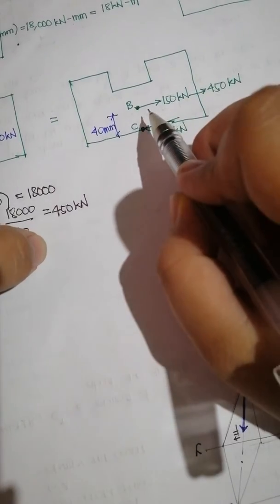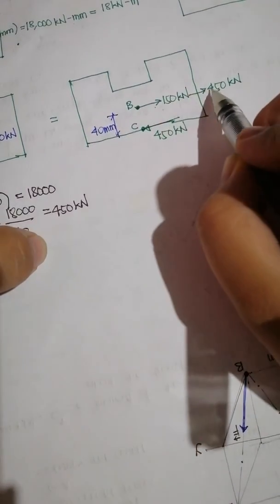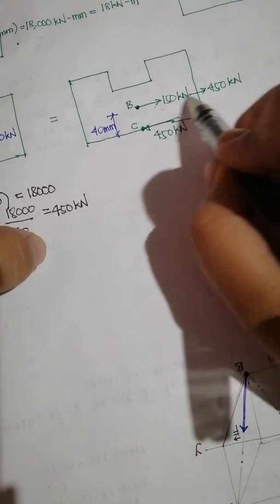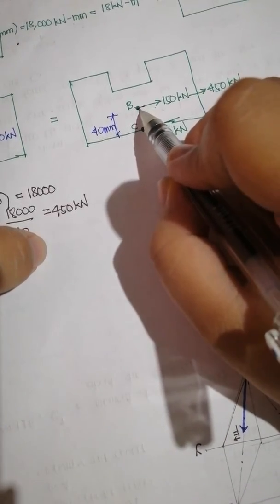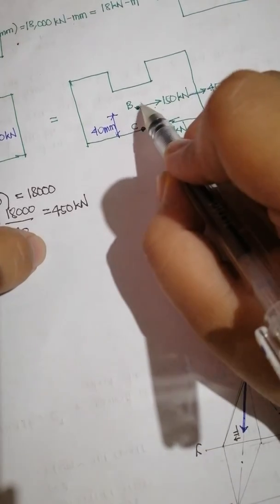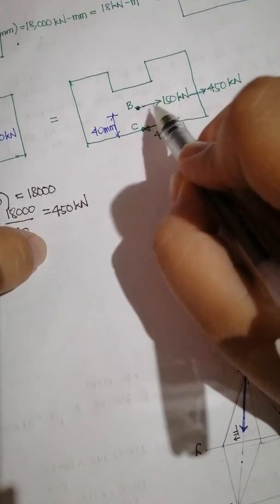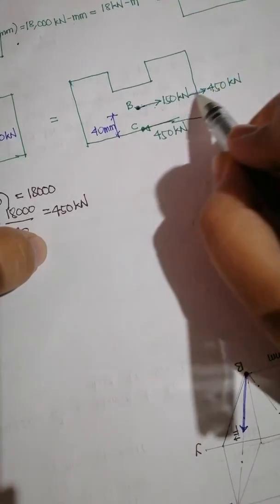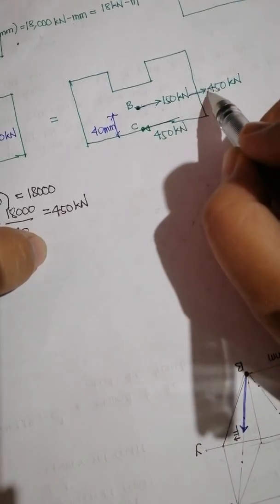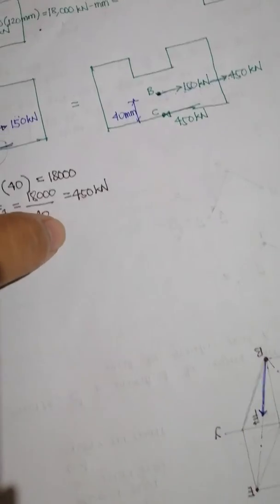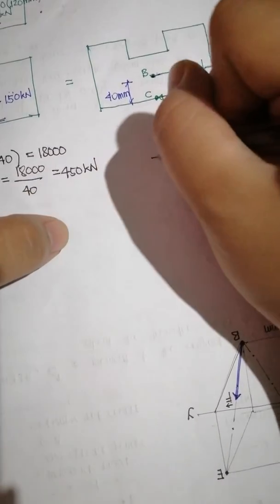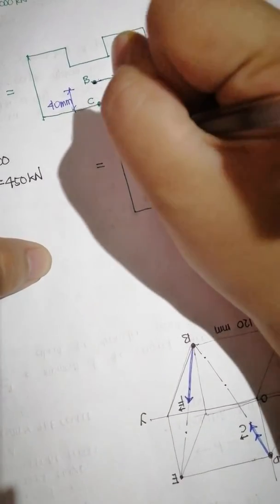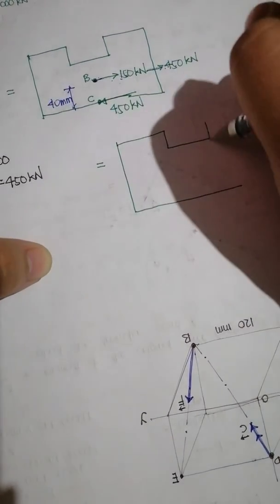Since these two forces, 150 and 450, act on the same line of action at point B, we could just replace them with a single horizontal force by adding the two magnitudes, 150 and 450. So finally, we now have this force system.